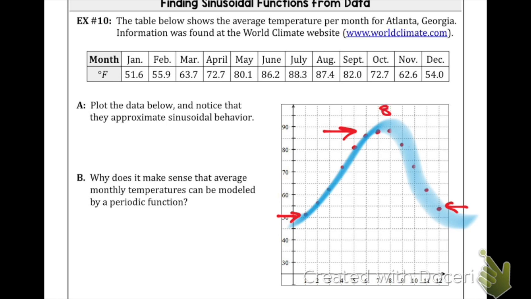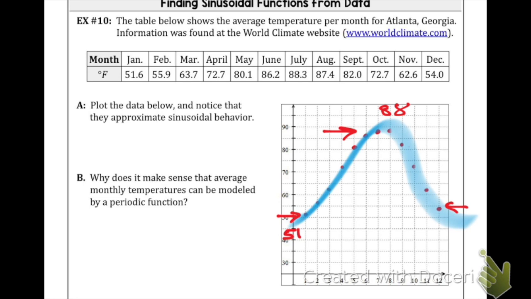Let's assume we're at about 88, with my lowest being around 51-ish. So finding that midline from 51 to 88. I got 88 minus 51 gives me a difference of 37. Cut that in half, so about an amplitude of 18.5.